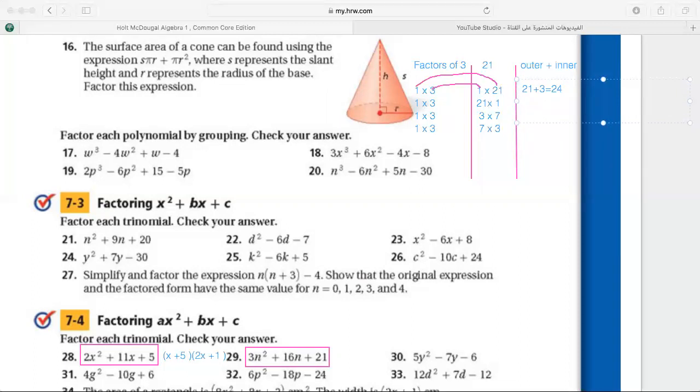1 multiplied by 7, the outer is 7. 3 multiplied by 3, the inner is what, Tala? 9. 7 plus 9 is what? 16. You see, Tala? I have to answer faster. It's good to do all the steps. No problem.